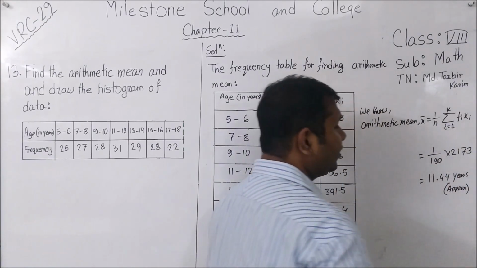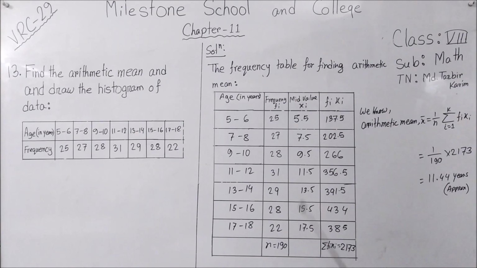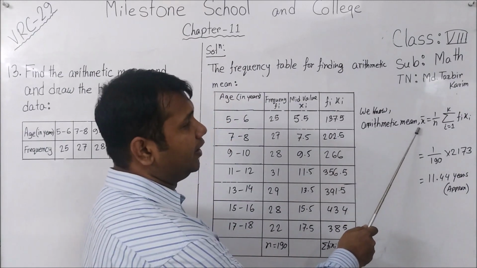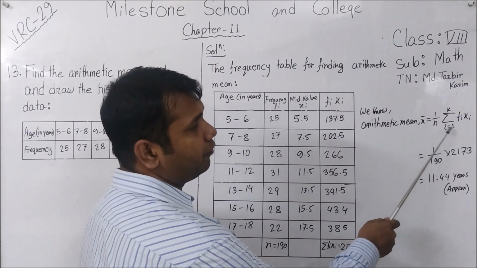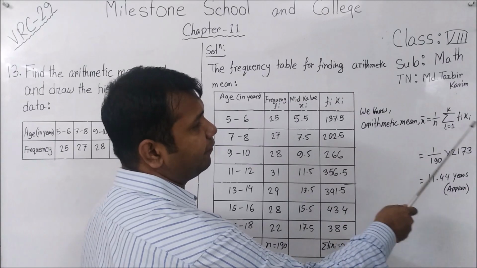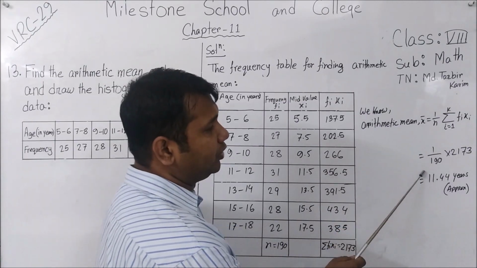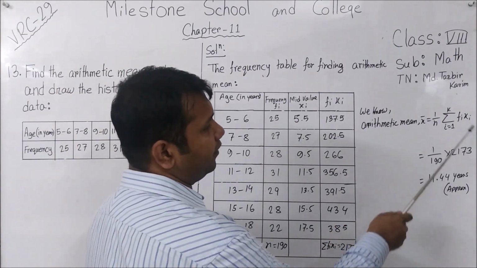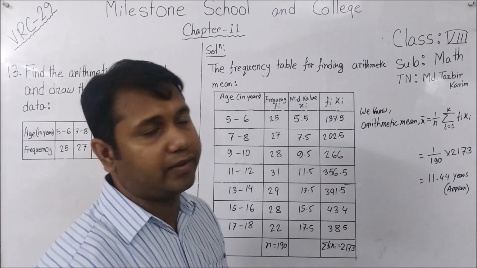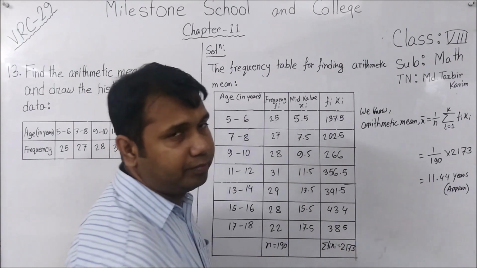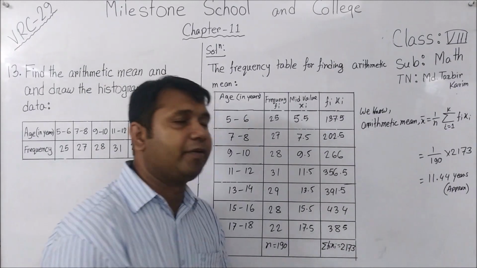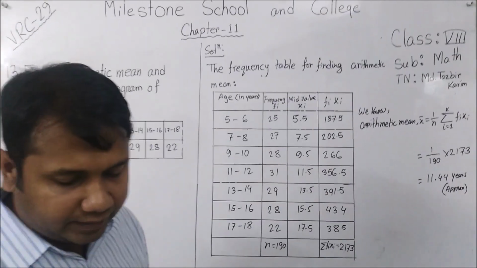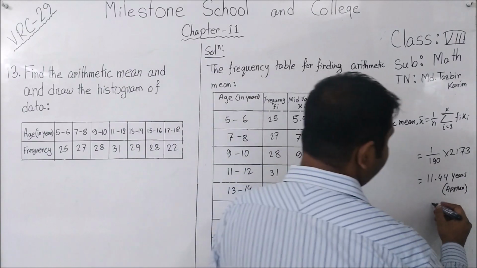So now we have to find out the arithmetic mean. We know the formula of arithmetic mean x bar equal to 1 by n summation of i equal to 1 to k fi xi. So n value, that is n is 190, and summation of fi xi equal to 2173. After that, using the calculator we find 11.44 years. That is our approx answer. So this is our answer. I think you understand. Now we are going to go ahead.